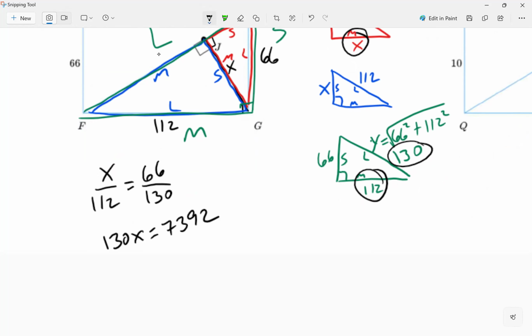Let me divide both sides by 130. That gives me a decimal. I'm going to round my answer to 2 decimal places. I'm going to call this 56.86. The third decimal number was a 1, so it was too small. I ignored it. 56.86. Cool.